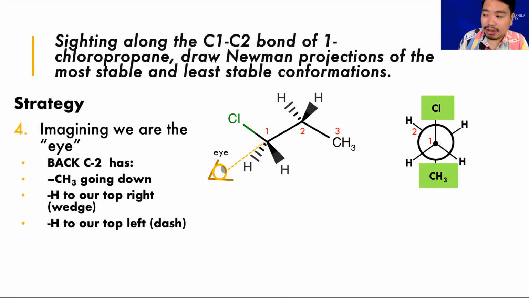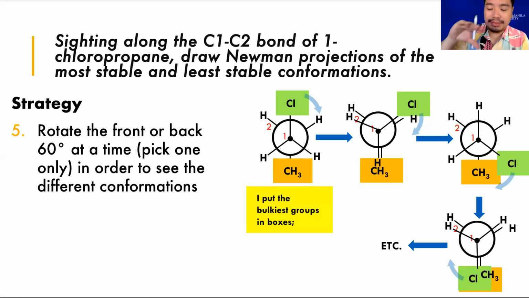And then for analyzing the conformations, you'll then rotate either the front or just the back 60 degrees at a time, no? And you create all of these different conformations. I tend to put my personal preferences. I like to box or encircle the bulkiest groups so that I know if I have a particular special form like an anti-staggered or a gauche staggered or a syn-eclipsed.